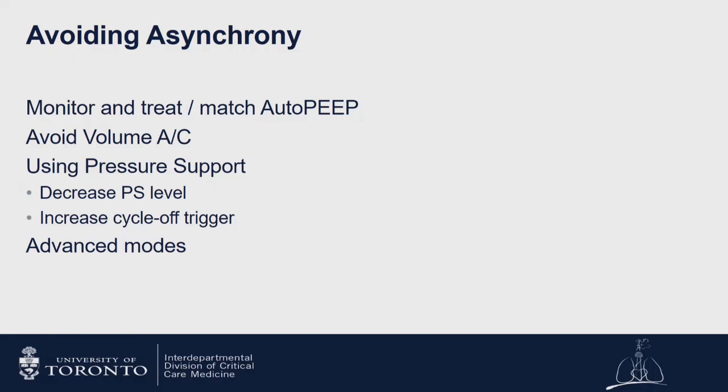And you also increase the length of duration of the breath and put the patient more at risk of cycle off asynchrony and missed efforts. In those patients who do have a lot of airway resistance, then you may need to increase the cycle off trigger and shorten the breath automatically like that, as we discussed last night also. There are some advanced modes that can make patients more synchronous, but I think those are a little out of scope for tonight's discussion. Next slide, please.